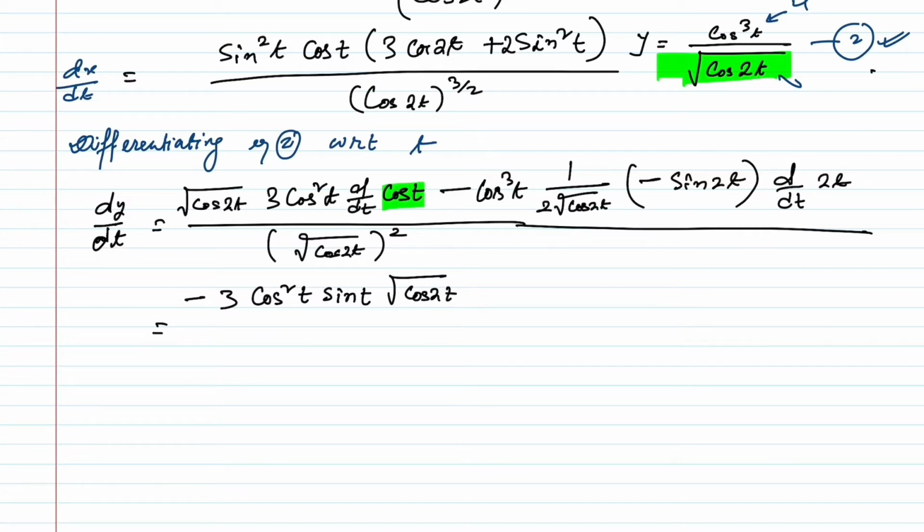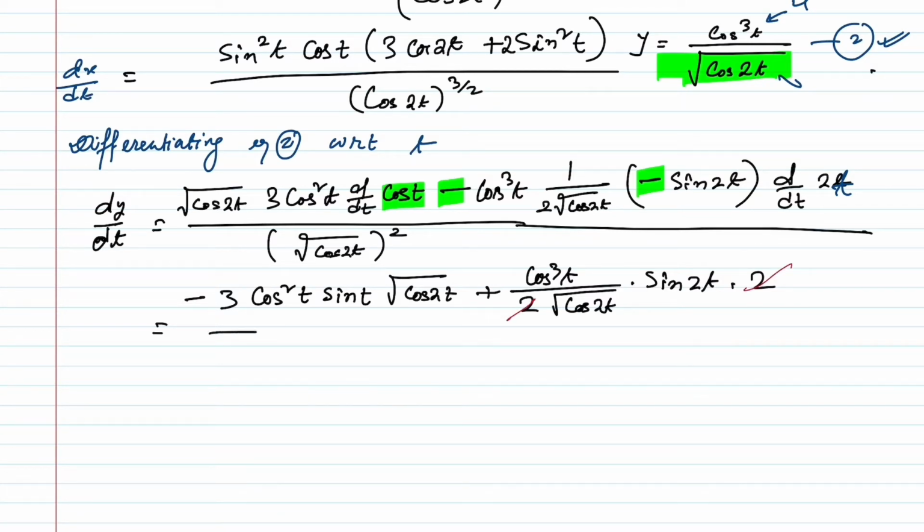Then this is minus, this is also minus, so it will be plus cos cube t by 2 root over cos 2t into sine 2t and the derivative of 2t, which is 2, into 2. So here these two cancel. Let me write the denominator here, that will be cos 2t after squaring.